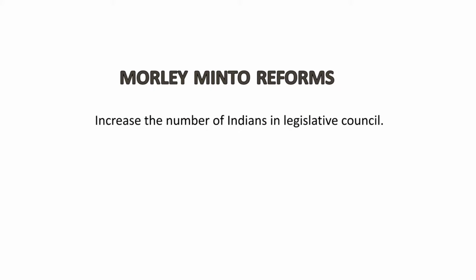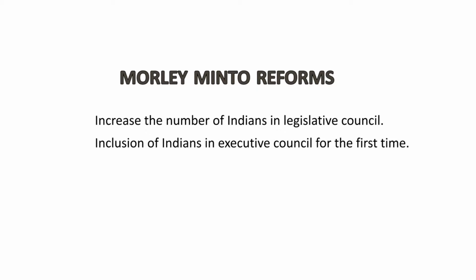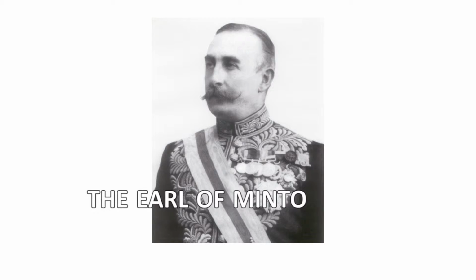This act increased the number of Indians in the Legislative Council, and for the first time, Indians were also included in the Executive Council. There was communal representation in the country, as Minto was also known as the father of communal electorate. With this, the Indian Council Act came to an end.